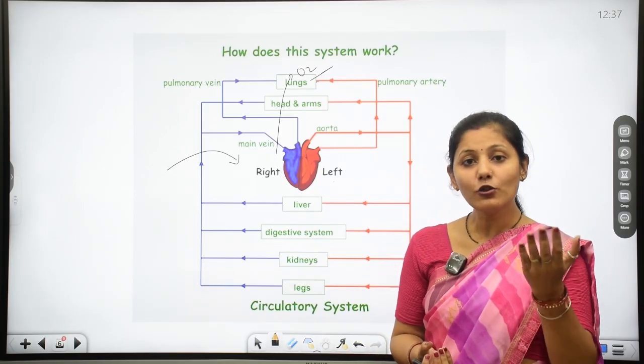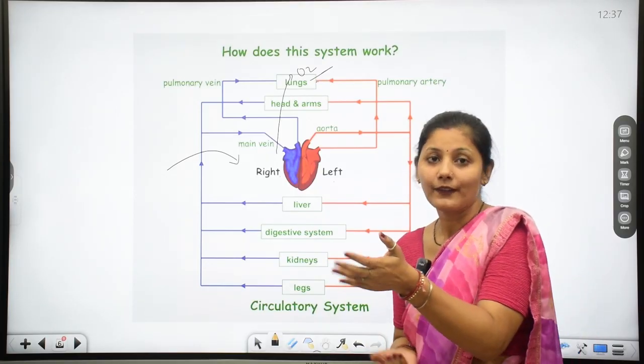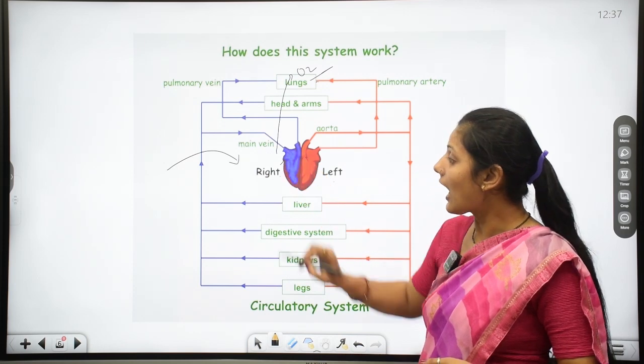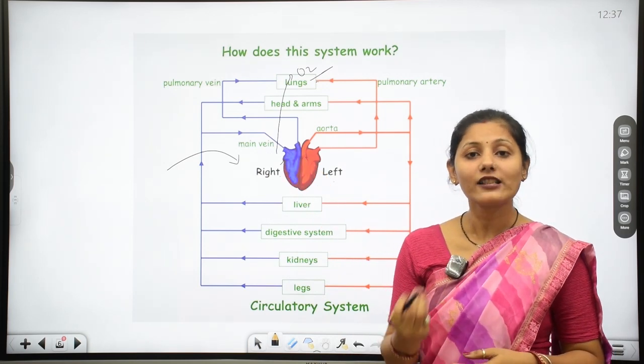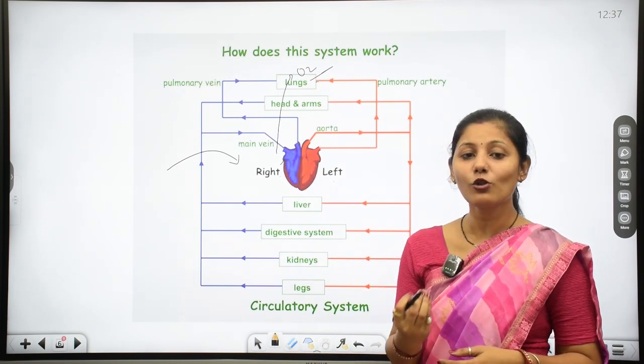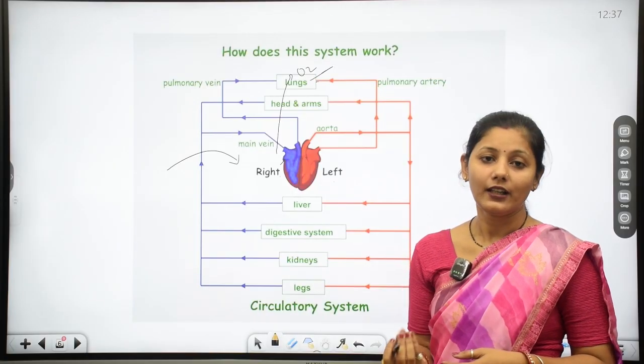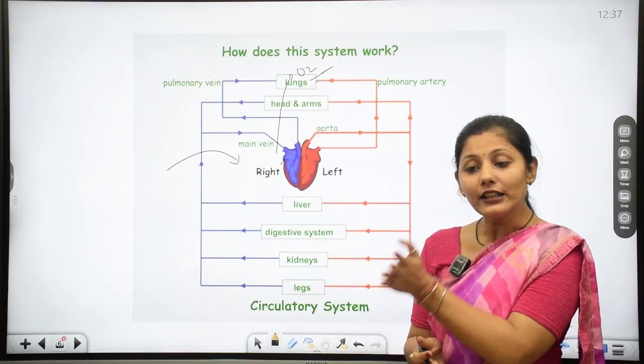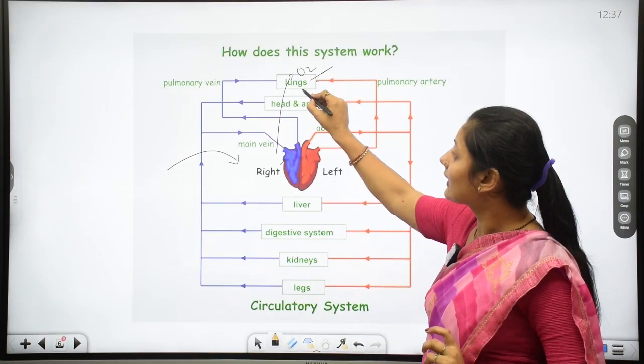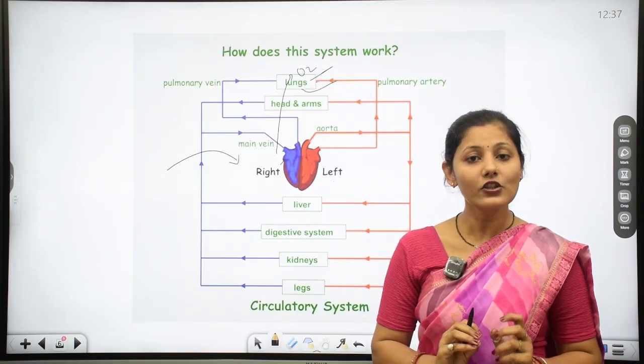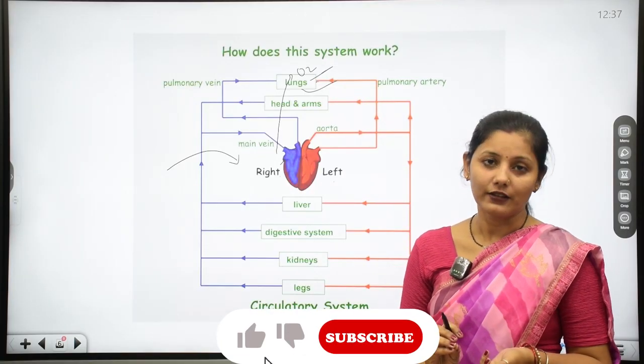The blood which goes inside the right part of the heart is deoxygenated blood. It means this blood is not good for our body, and it gets converted into oxygenated blood inside the lungs, which are a respiratory organ.